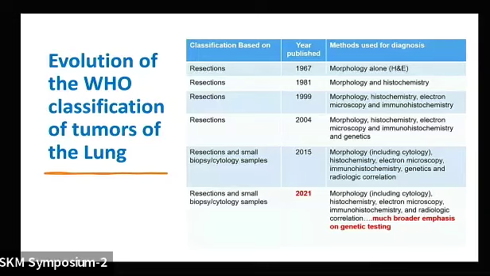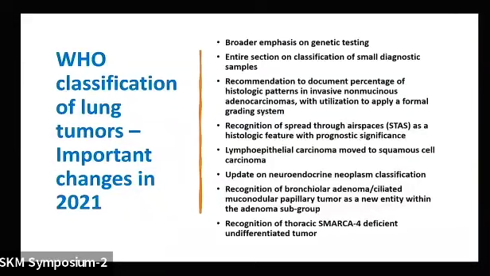But in 2021, the WHO's main Blue Book has also included small biopsies and cytology samples, and has placed a much broader emphasis on genetic testing, along with morphology, which still remains paramount for classifying these tumors. There have been a few changes and updates in the 2021 WHO Blue Book.